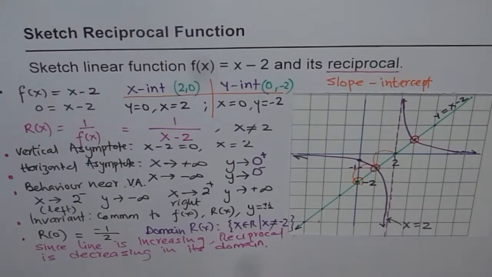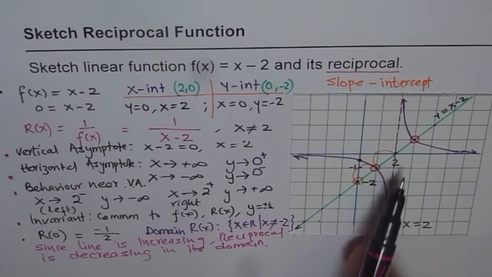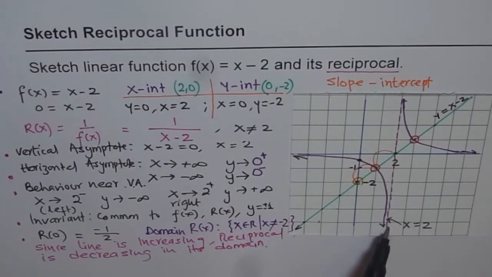That's kind of important to note that x equals minus 2 is not in the domain, right? So except for that point, it is decreasing, you see. As you move from left to right, your function actually decreases. So that is a very interesting observation which you can make from this particular graph.